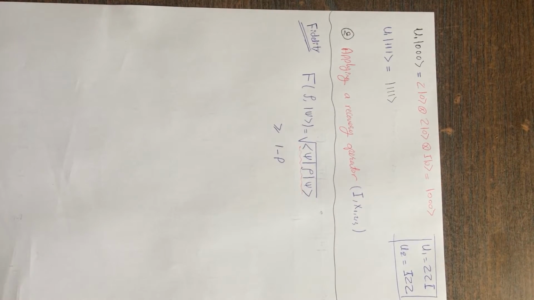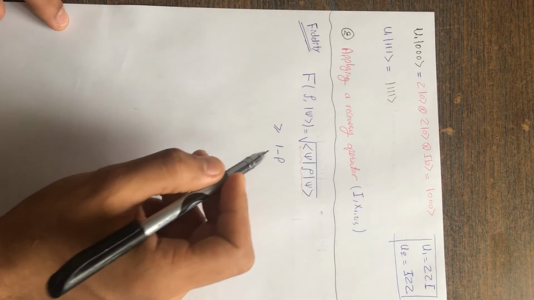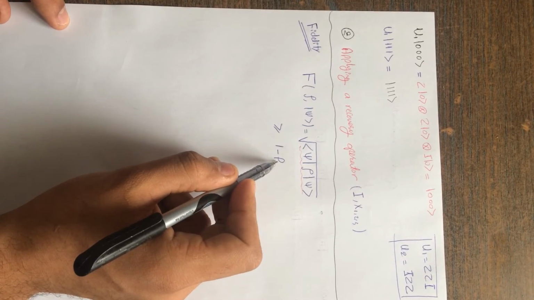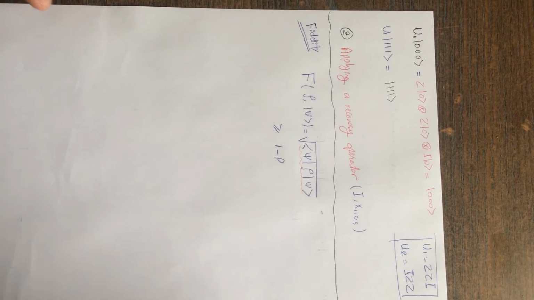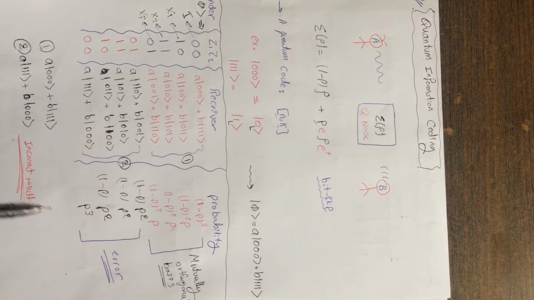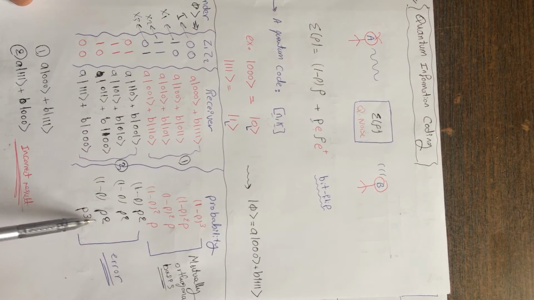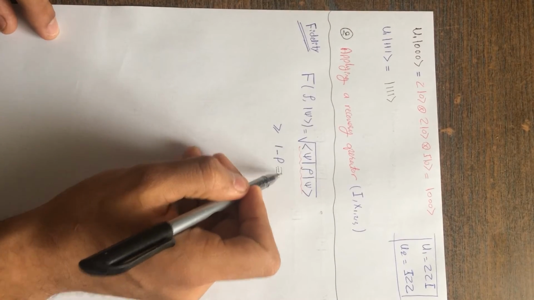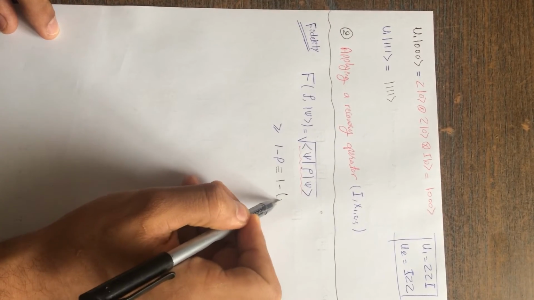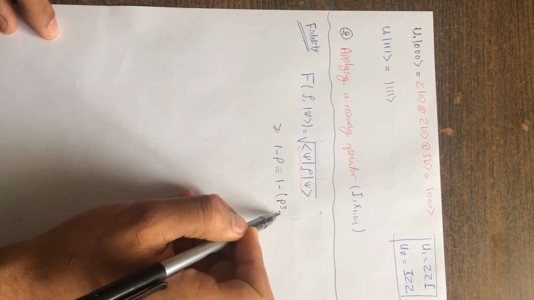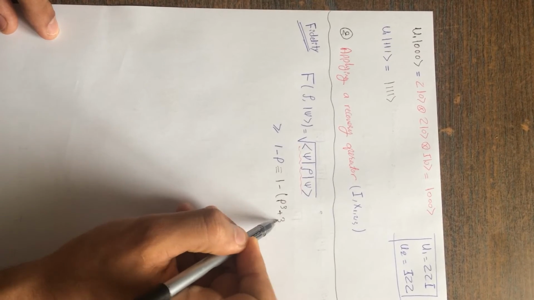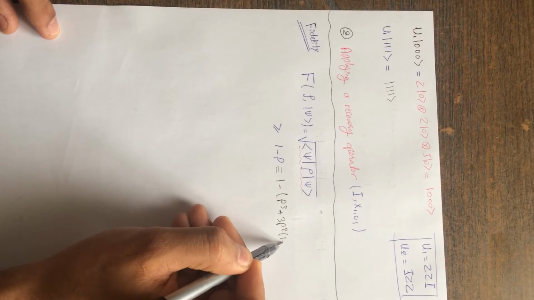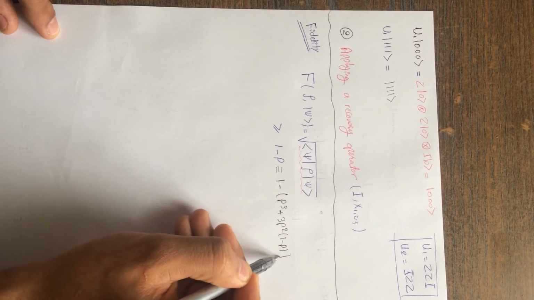So it means that I take 1 minus the probability of error. If you calculate the probability of error, you find that this is p cubed and 3 states. So it's actually 1 minus p cubed plus 3p squared (1 minus p), right?